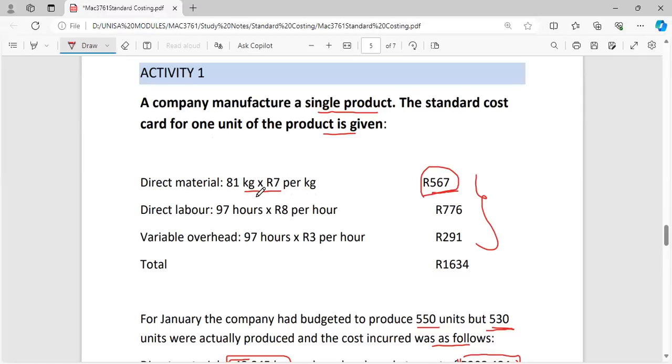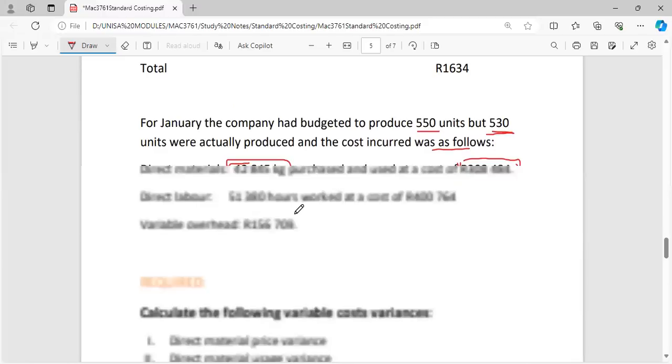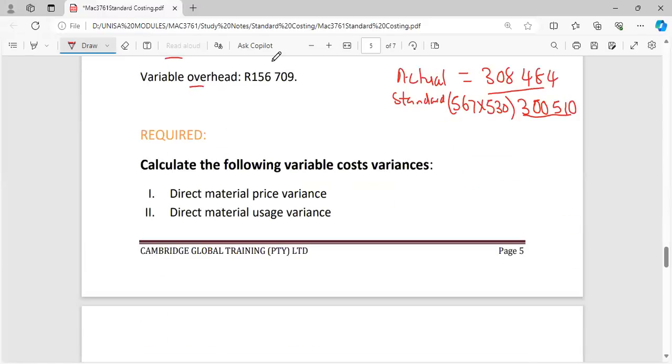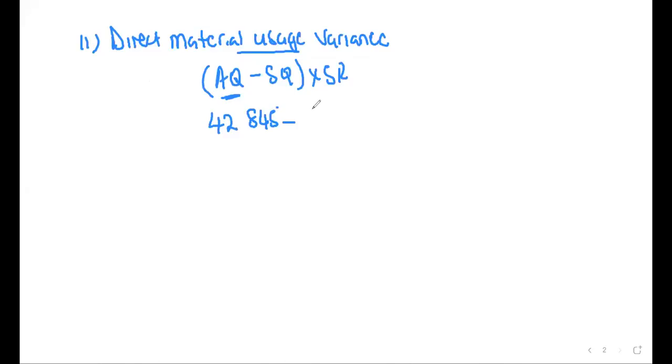We want quantity. So our standard quantity is 81 per unit. So which means it's going to be 81 per unit times how many actual units, which is 530.